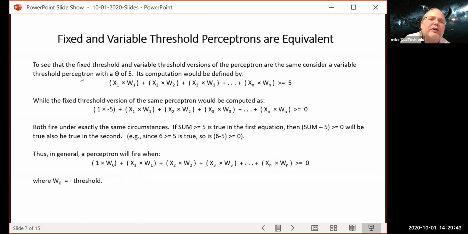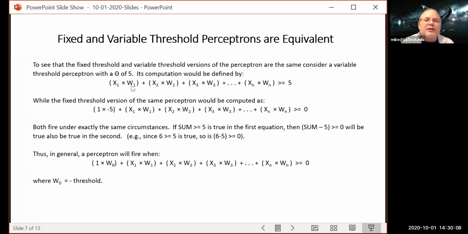I think I'll give an example here. So you can see that the fixed and variable threshold perceptrons are exactly equivalent. Why? Let's say we've got a variable threshold that's set to, just like I pulled out of the air, 5. So my theta is 5. Its computation would be defined by this here, where notice I don't have an x sub 0.